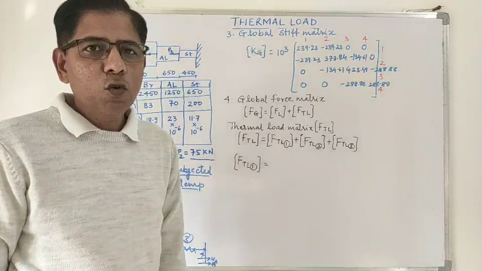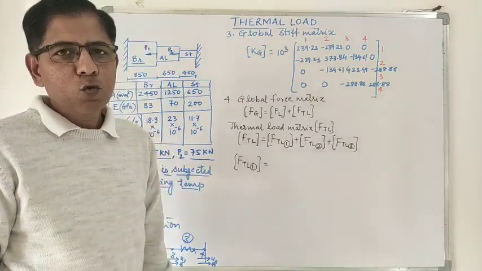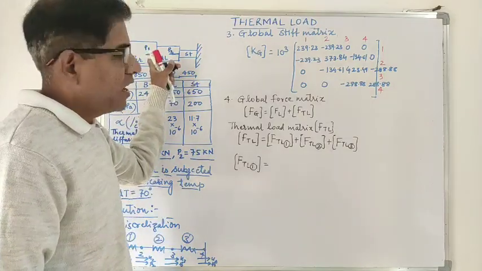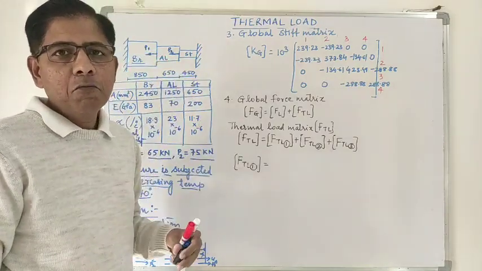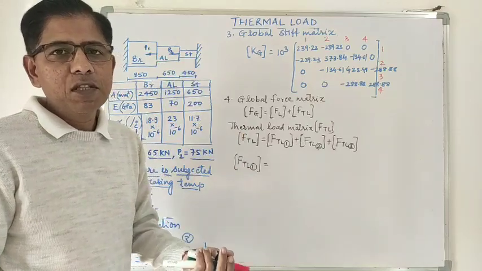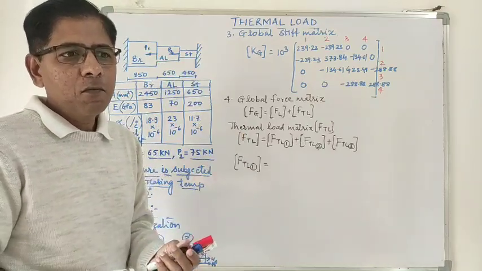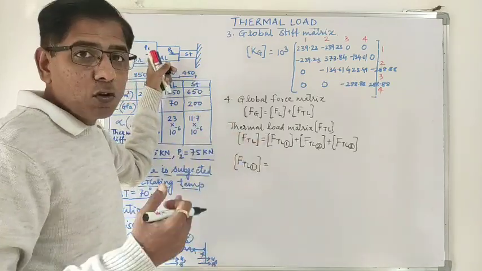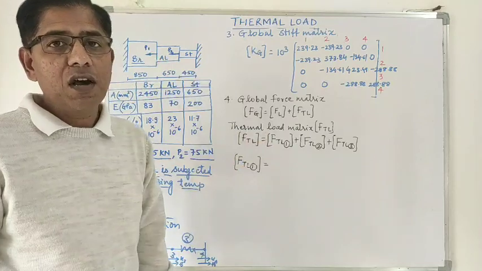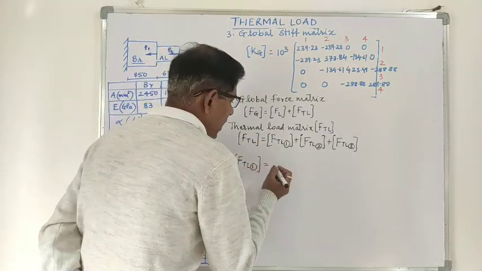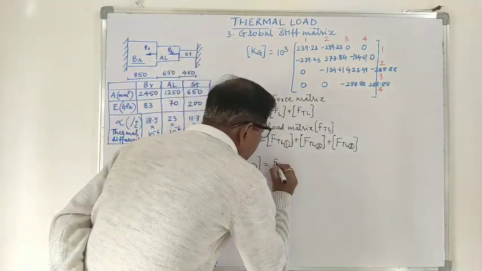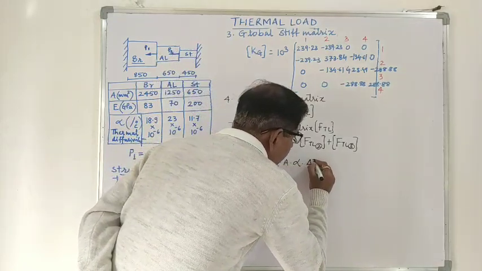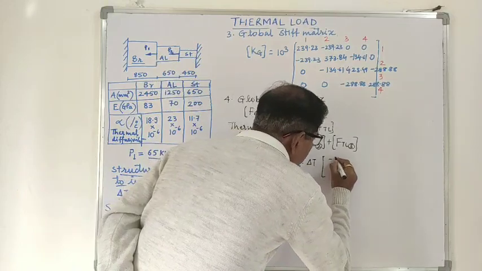So how much force is exerted on element number 1 because of exposure of this system to a temperature 70 degrees higher than the temperature of this shaft. Okay, so that is calculated by E into A into alpha into delta T, times the vector minus 1, 1.